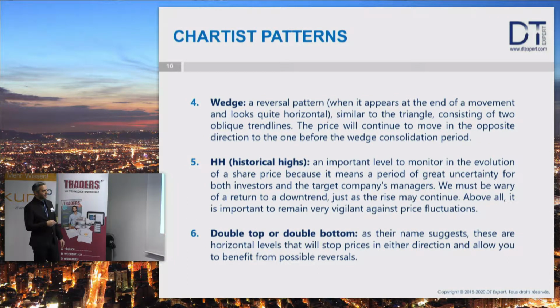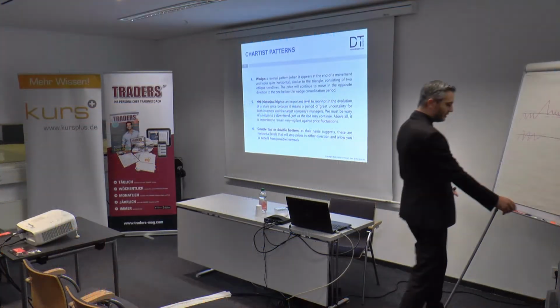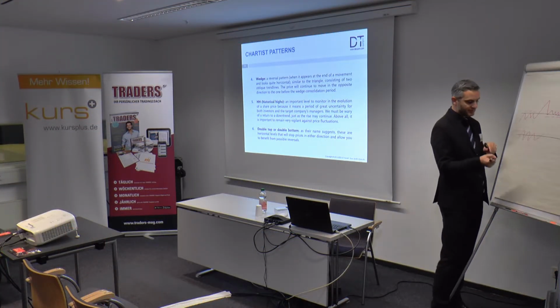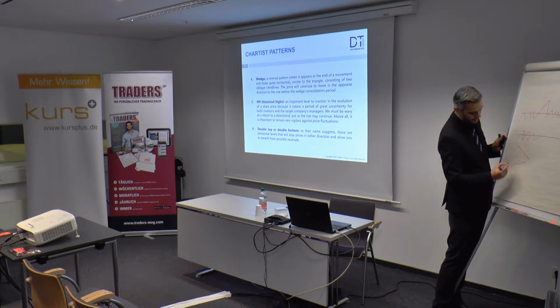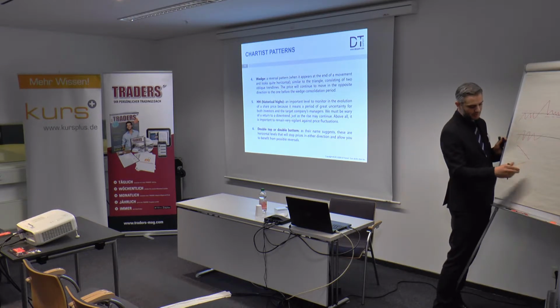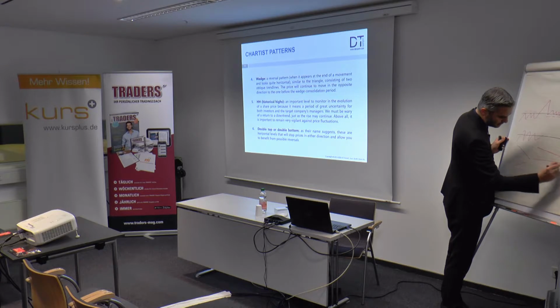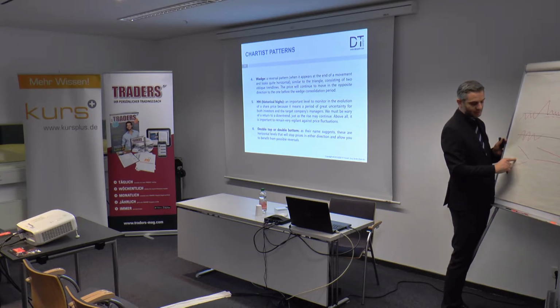Beware, don't look at triangles and think of them as wedges. Wedges and triangles look quite the same, but they are not the same, because a wedge is often a reversal pattern when it appears at the end of a movement. That might be a little bit complicated, but you will see it's not that complicated. How to tell the difference? First, a triangle is usually very open, and it's shorter in time. A wedge is more like this. You can see the difference, triangle, wedge.